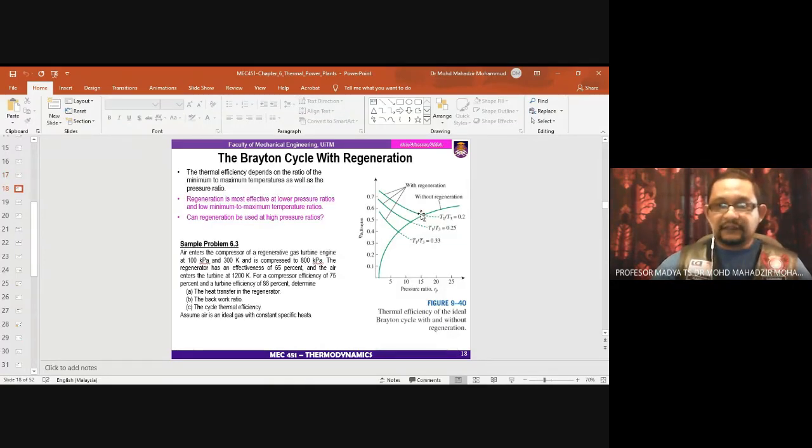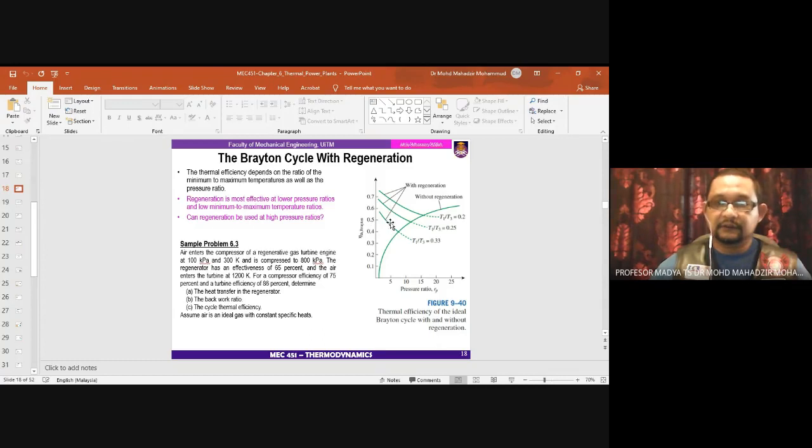Okay, this is the theoretical Brayton efficiency with regeneration and without regeneration versus pressure ratio. As you see in this graph, the thermal efficiency actually depends on the ratio of the minimum to maximum temperature as well as the pressure ratio.